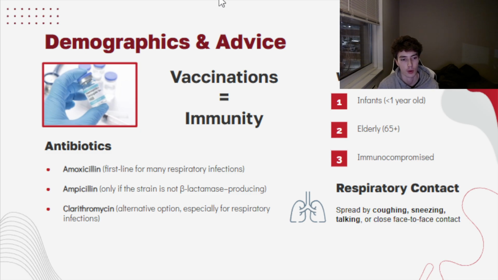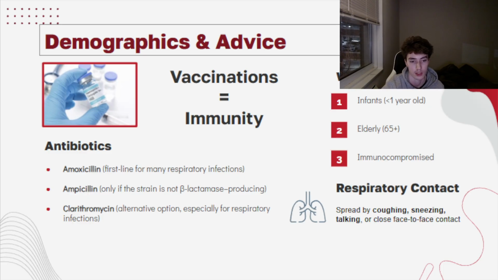Next piece of advice that I want to highlight is the fact that these vaccinations offer long-term immunity, and we have a vaccine for H. influenzae. I don't want to talk about the politics of vaccines right now, but a lot of people are against vaccines for wrong reasons. But as we can see, who benefits from these vaccines would obviously be infants.